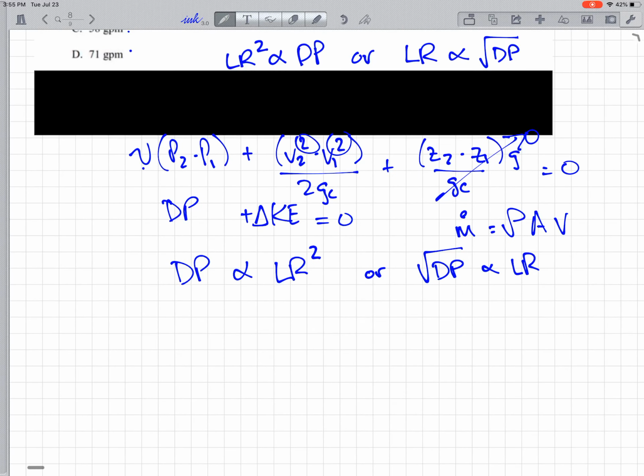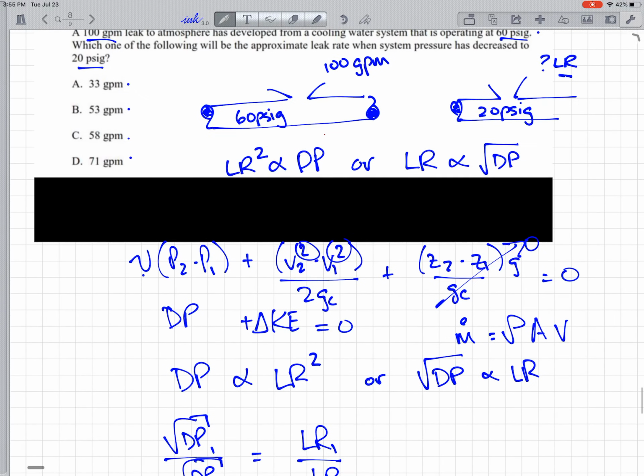Now when we see that proportional sign, that means this. The square root of dP1 divided by the square root of dP2 equals leak rate 1 divided by leak rate 2. Now, we have leak rate 1. It's going to be 100 gallons a minute. We do not have leak rate 2.